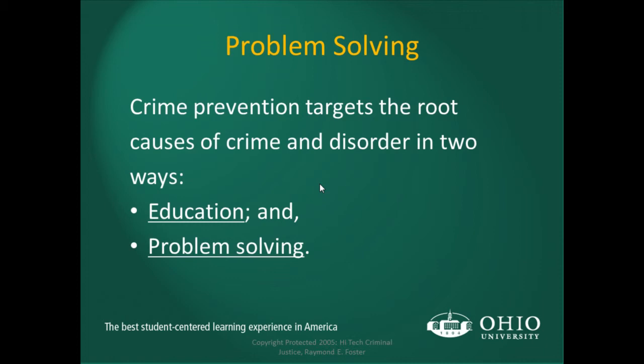problem solving. One of the problems that we have in Grove City is we have a large retail area near I-71. We have quite a few large stores. We tend to have a lot of theft from vehicles. So we've worked with the retailers to help enhance some of their security measures.